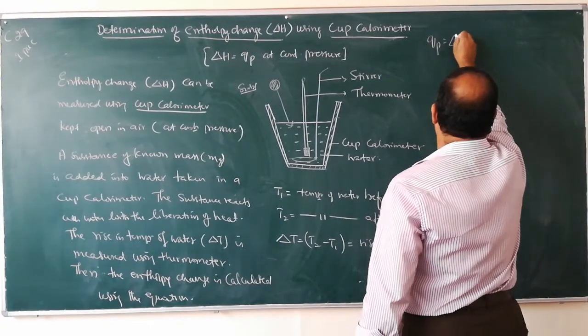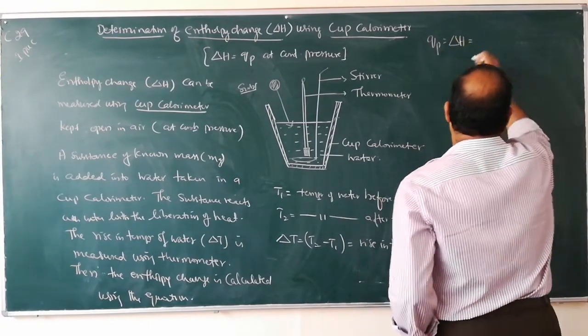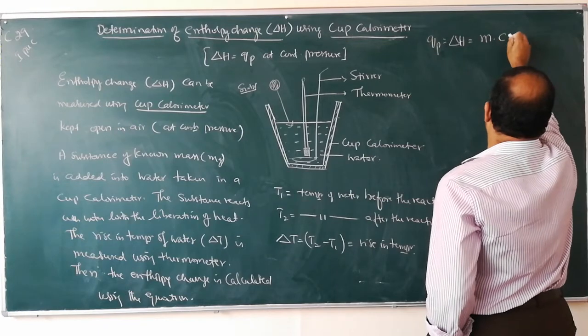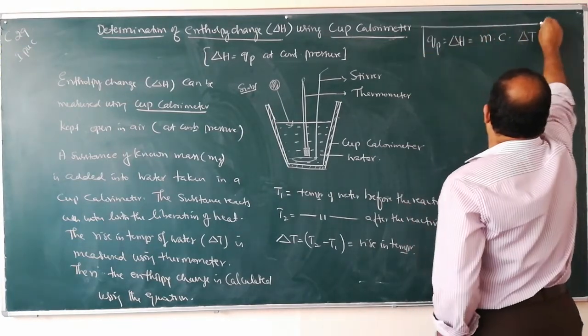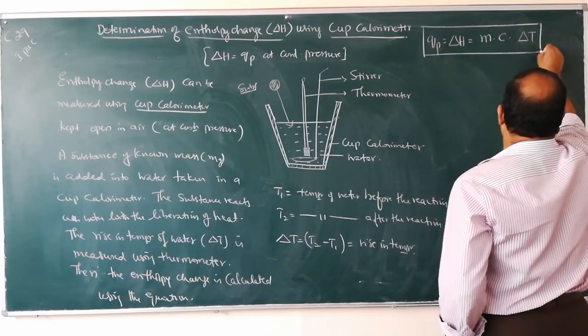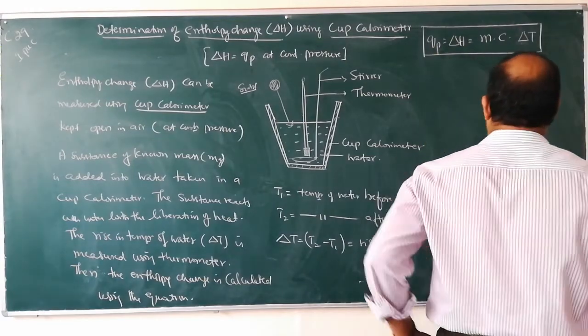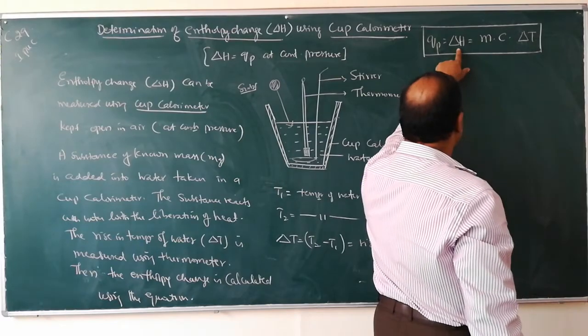QP is equal to delta H, that is equal to mc into delta T. QP, the amount of heat liberated at constant pressure, is nothing but the enthalpy change produced, delta H.